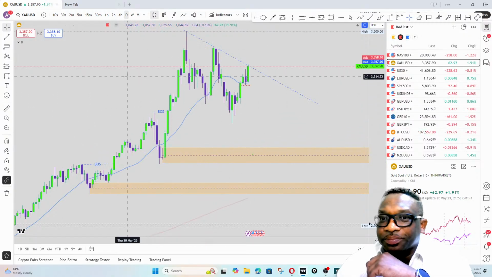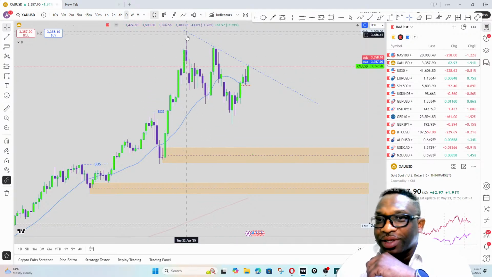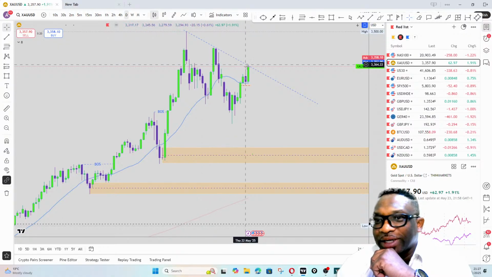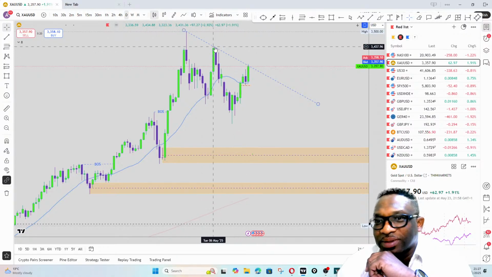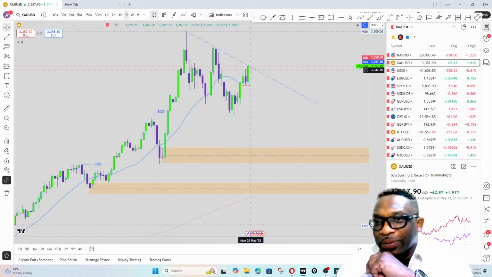So currently gold has traded to this area where we have this trend line that it respected before. This is where we traded to last Friday.